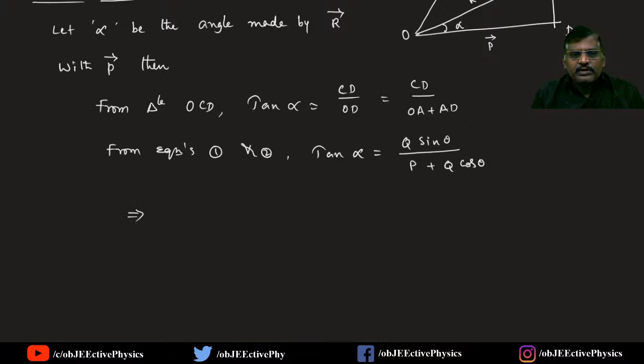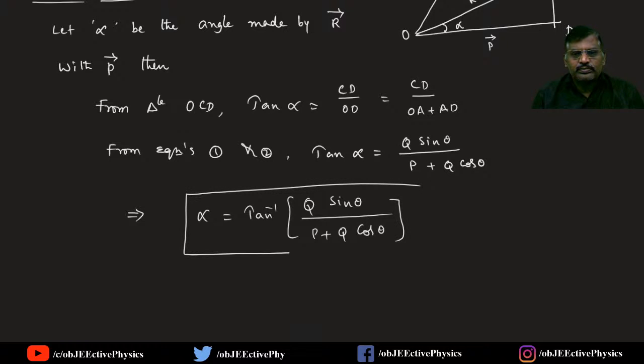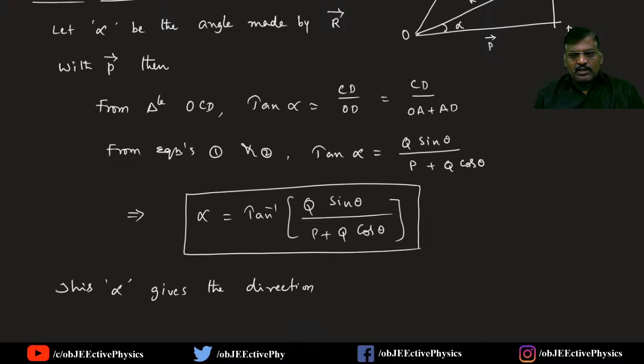So that implies alpha is equal to tan inverse of Q sin theta divided by P plus Q cos theta. This alpha gives the direction of the resultant vector.